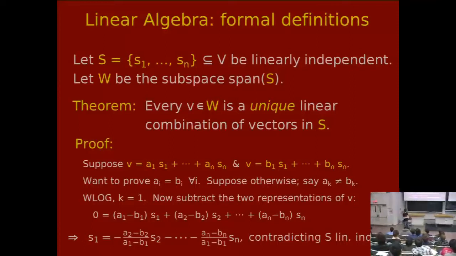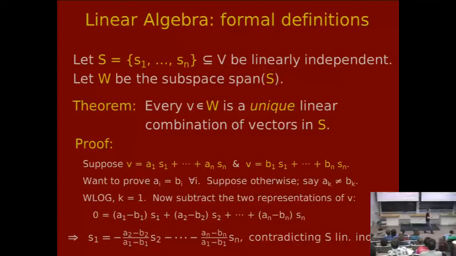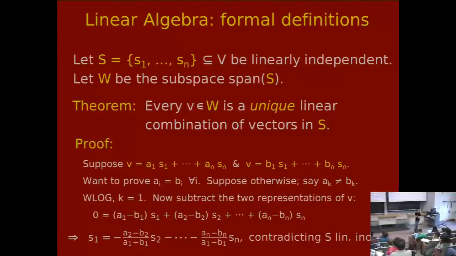And now I've written S1 as a linear combination, these are scalars, of S2 through Sn. That contradicts the assumption that S1 through Sn are linearly independent. Remember, linearly independent means you can't write one of the vectors as a linear combination of the others. Any questions about that?